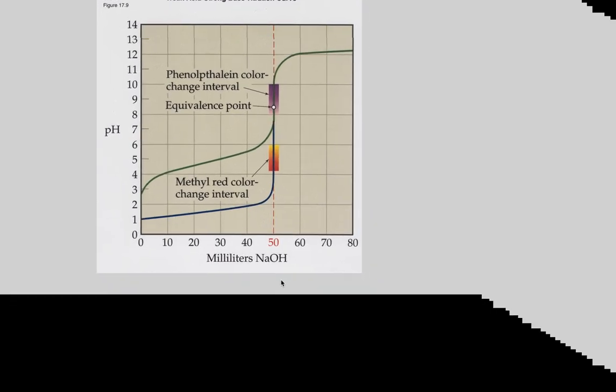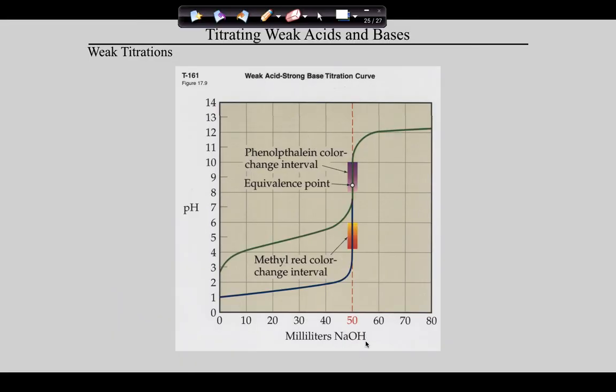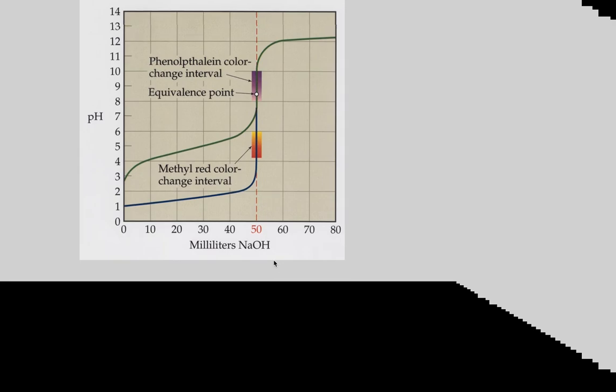Guys, what we're trying to do, and I think you understand this, but let's be clear, is we're trying to find this point in this weak titration. Now, let's make sure we understand why this is not 7.